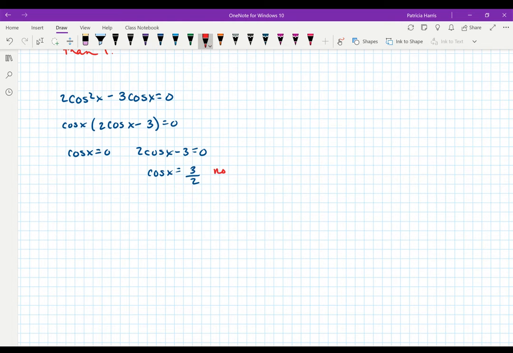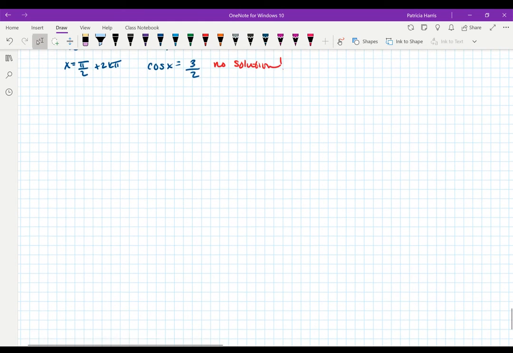So this one would be no solution. This one, cosine is equal to 0 in 2 spots, right? Or 1 spot. 1 spot. And it happens every 2 pi. Okay, so these can be a little challenging. Okay, let's try one more before we go.